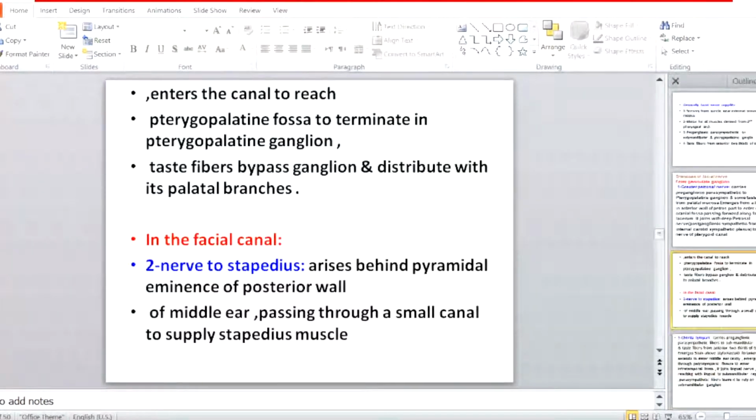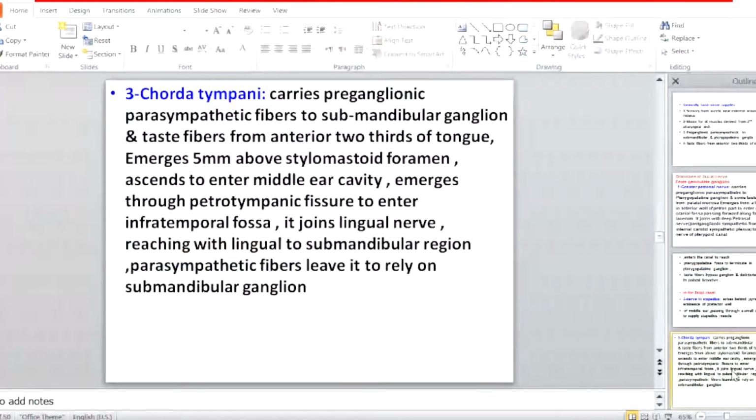Then, in the bony facial canal again, before it emerges from the stylomastoid foramen, it gives rise to the chorda tympani branch. The chorda tympani carries preganglionic parasympathetic fibers to the submandibular ganglia and, in addition, carries taste fibers from the anterior 2/3 of the tongue.